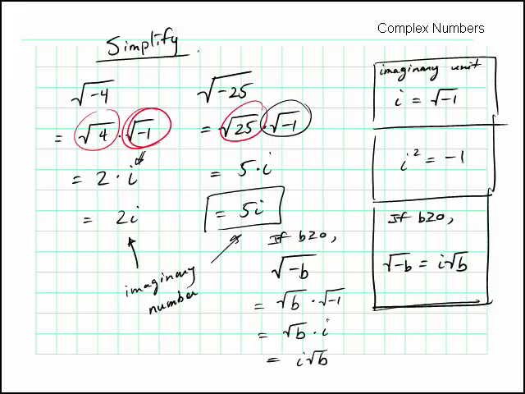Let's do a couple examples of using this rule right here. The square root of -16, using that rule, I could just write this as i square root positive 16. And so this is i times 4, or 4i.